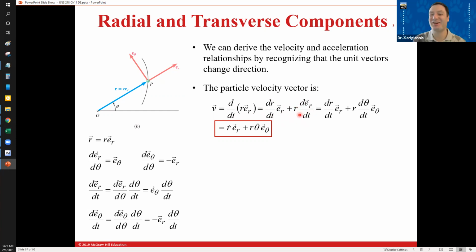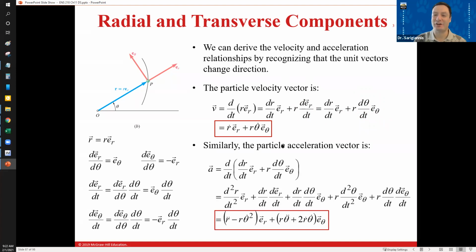It just occurred to me, I forgot what this is called, it's the product rule, I guess. In math. Yeah, don't tell Krupa, I forgot. So this is how you get this function here, right? This de_r/dt is dtheta/dt e_theta, right? That's where that comes from.